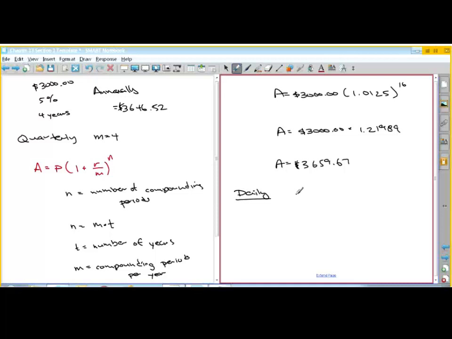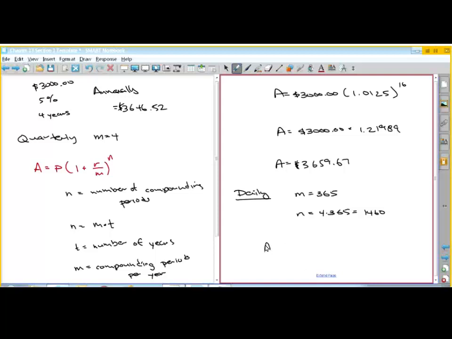So for daily, the difference is the number of compounding periods per year is 365 because there's 365 days per year. And N is 4, the number of years, times 365. So you get a big number to take the exponent. 4 times 365 is 1,460.